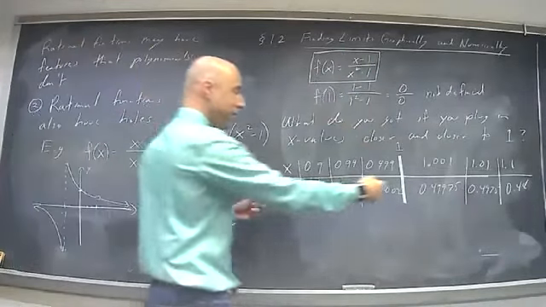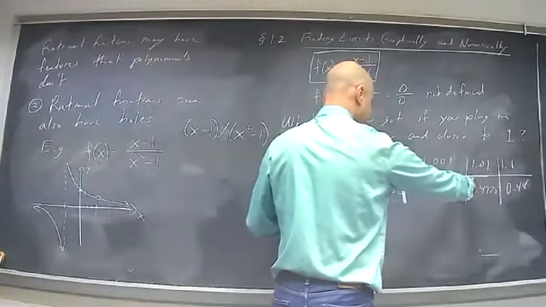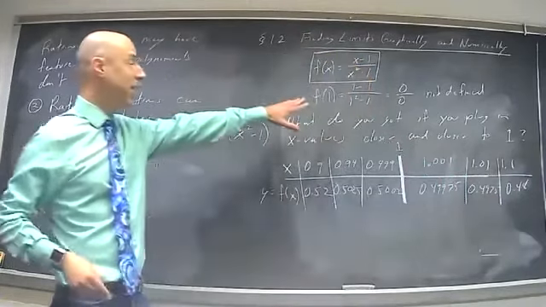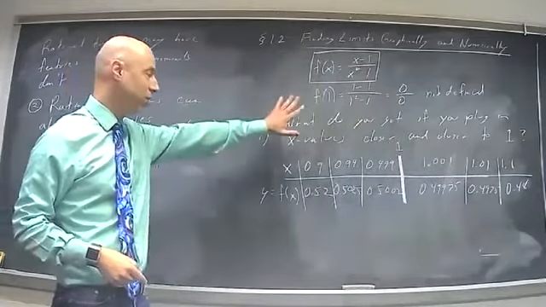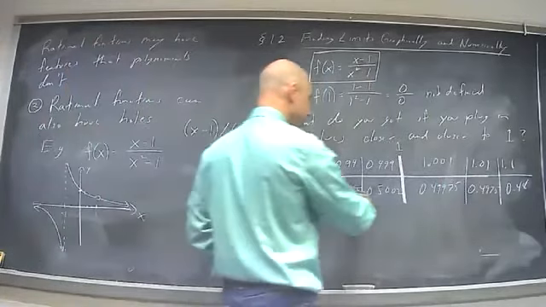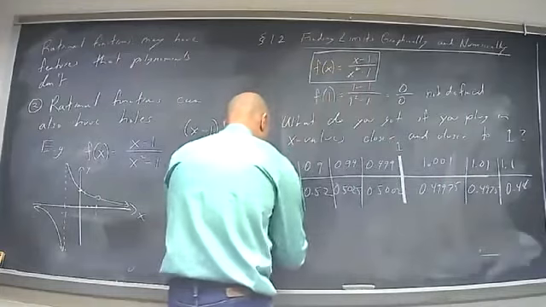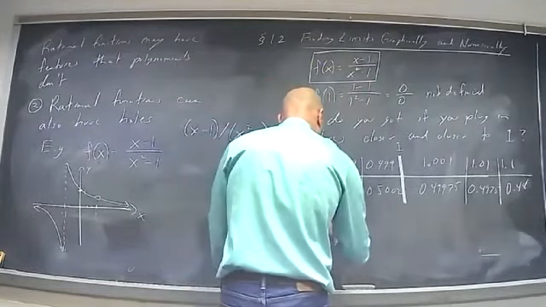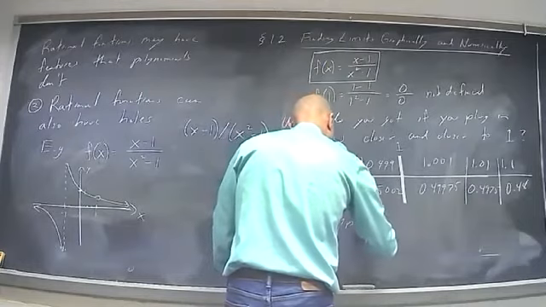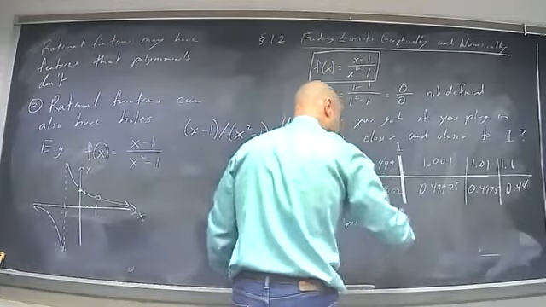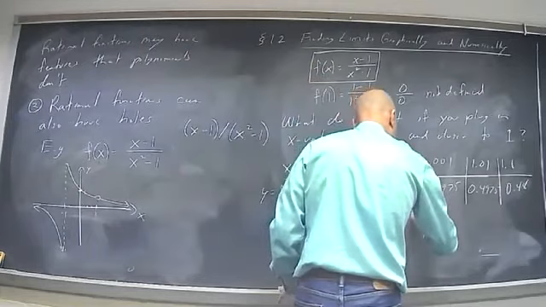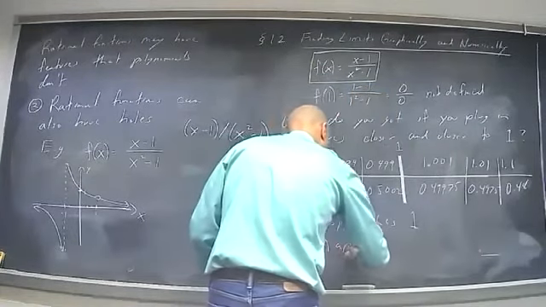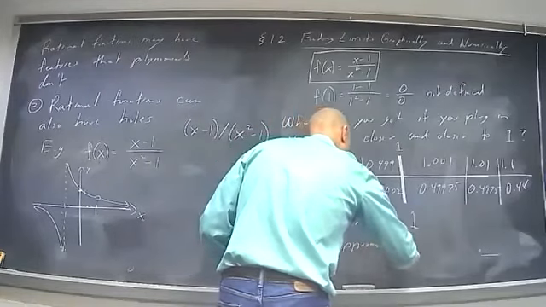So you can see what's happening as you're getting closer and closer to the number 1, which we can't plug in. We saw when we plugged that in, we get 0 over 0, that's garbage. But when you plug in numbers closer and closer, as x approaches the number 1, f of x approaches what number?